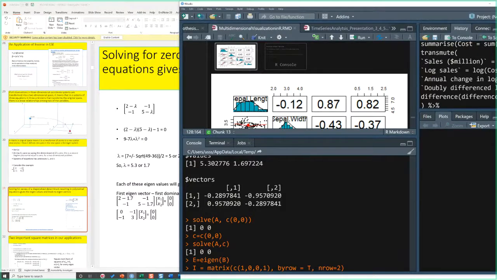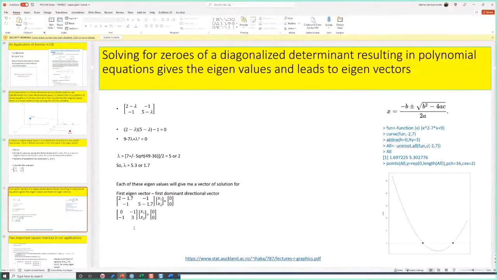That determines one way of fixing the eigenvector. Am I connecting with you? Yes. I still want to give you a little more information later.